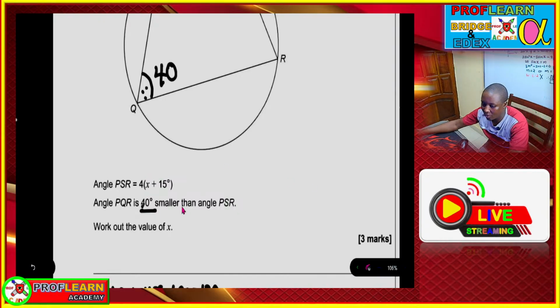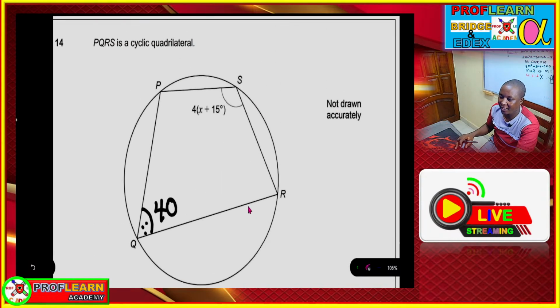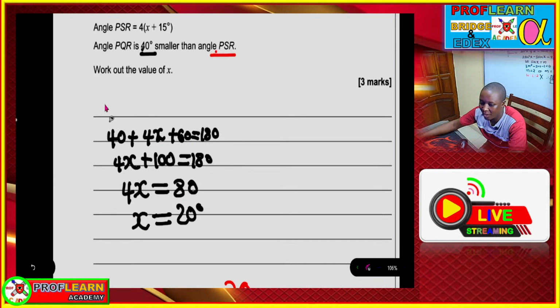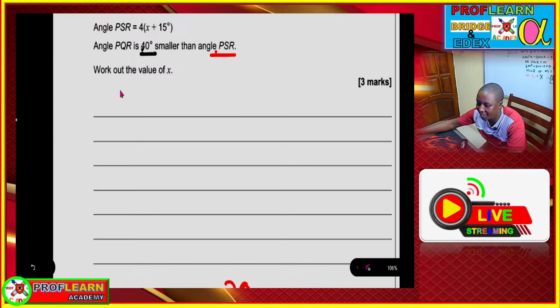Yeah, so this question was saying angle PQR is 40 degrees smaller than PSR. Oh my goodness. Yeah, so that's why you have to read the question carefully.